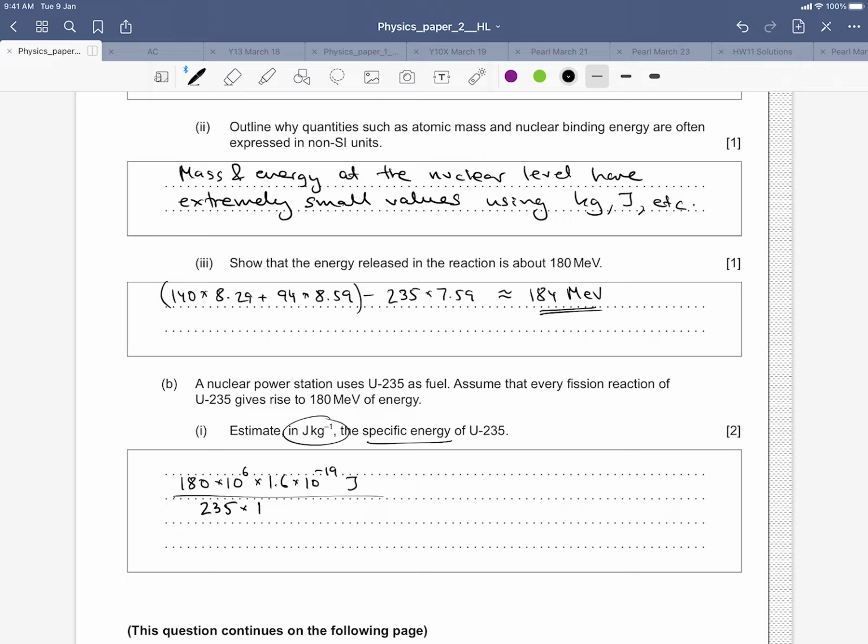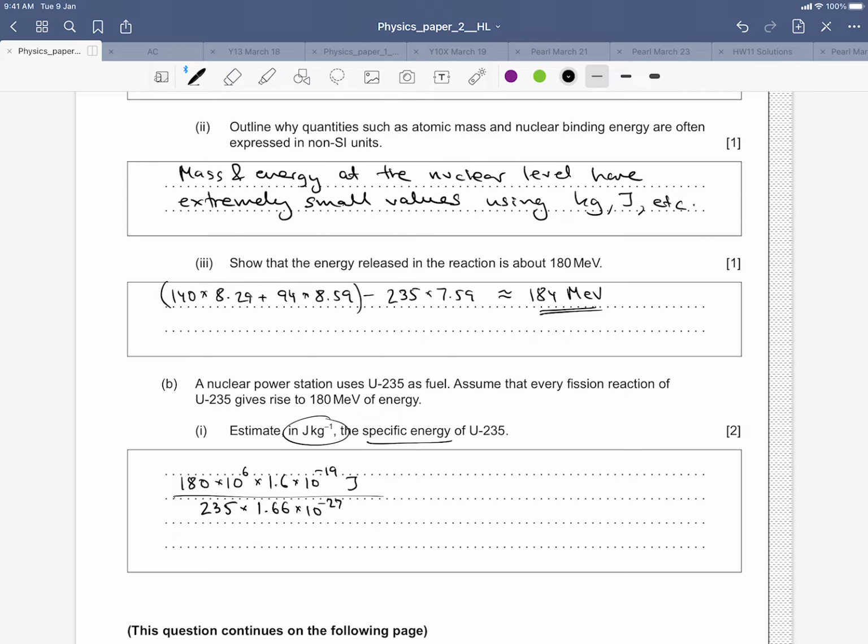And let's convert that to kilograms: 1.66 times 10 to the negative 27 kg. You can look that up in your data booklet. And if you plug that in on your calculator, you get 7.4 times 10 to the 13 joules per kilogram. Specific energy. Okay.